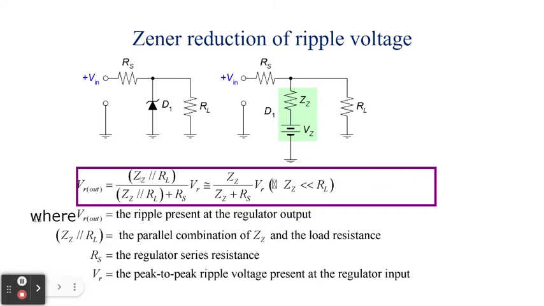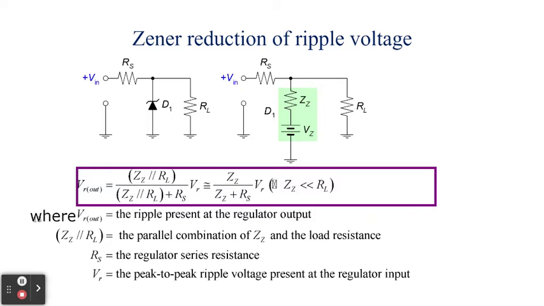In other words, it will be ZZ multiplied by RL divided by ZZ plus RL. But we will simply write it here as ZZ parallel to RL. And we have another one here, ZZ parallel to RL plus RS.